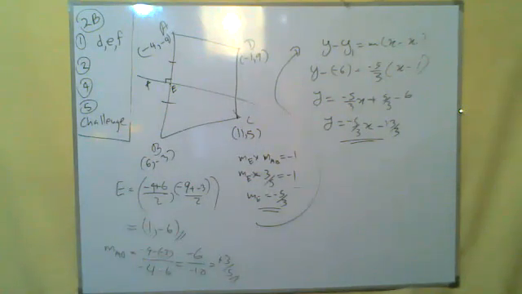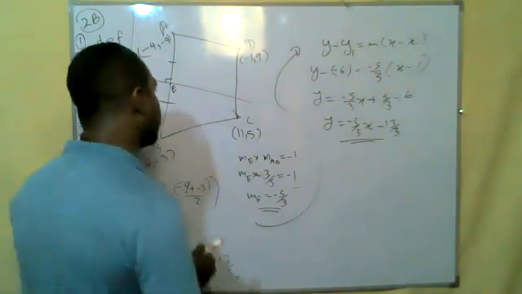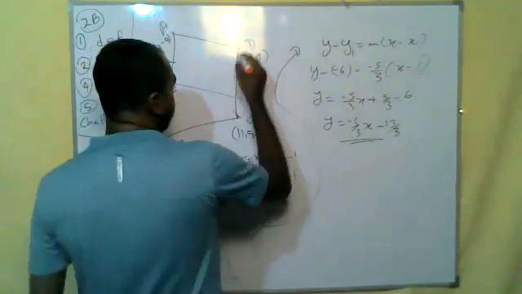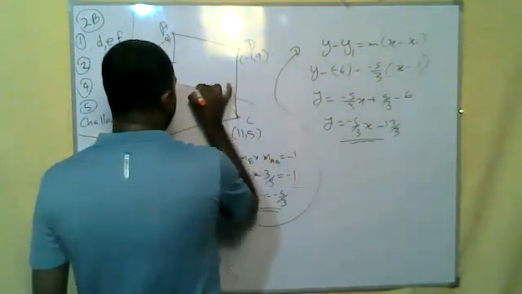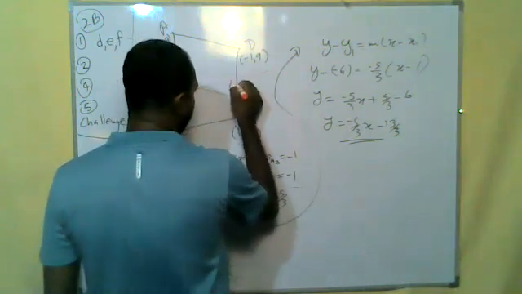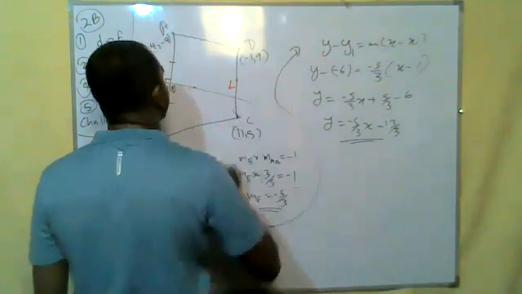Then they are asking for the perpendicular bisector of the line CD. What to do? It's the same thing, you have to repeat. If we draw the perpendicular bisector of CD here, it will have a line like this, and somewhere they will join. That comes in a later part. So how do we get the equation of this line?